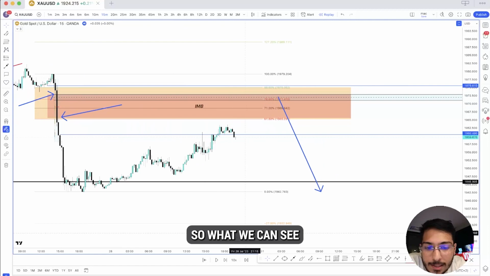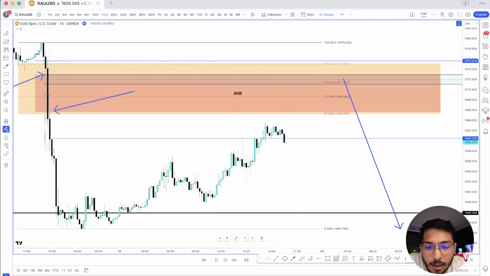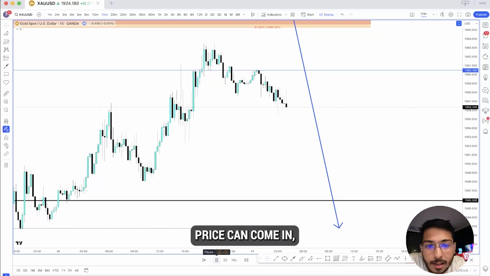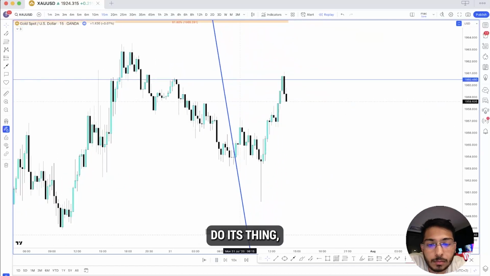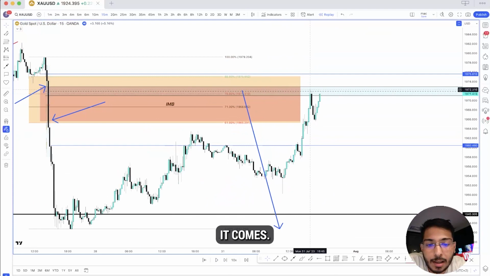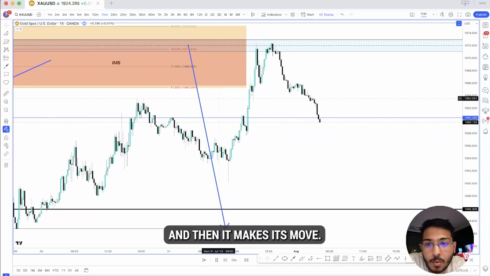So what we can see is when it comes down to an imbalance, this is a very, very good example of what happens. Price can come in, do its thing, and then eventually what happens? It comes, it tags us in, and then it makes its move.